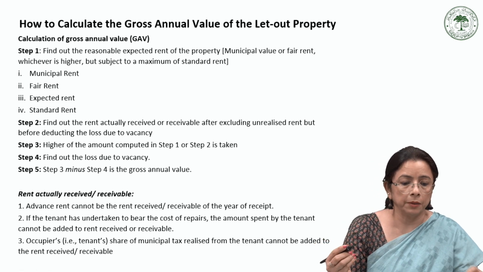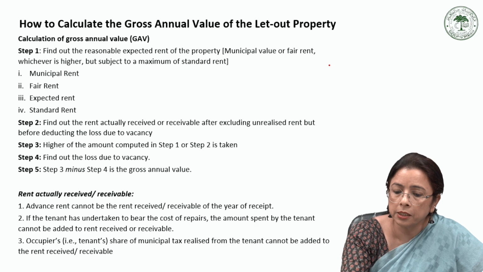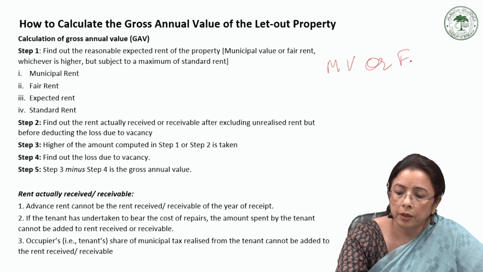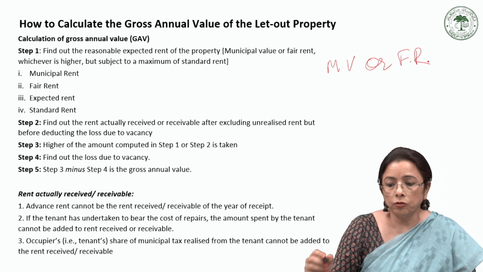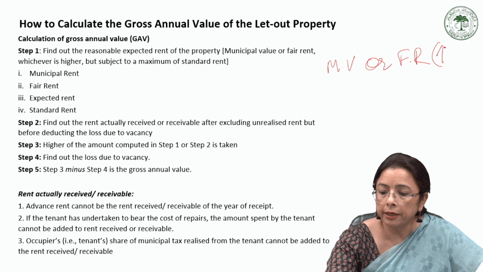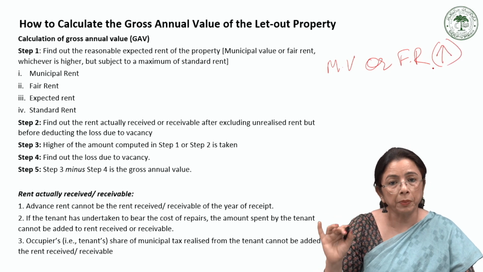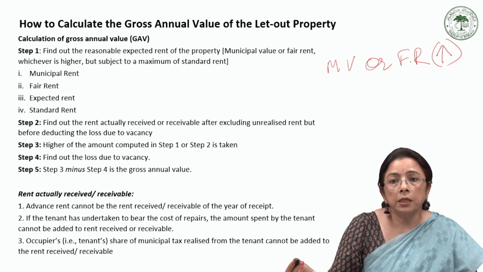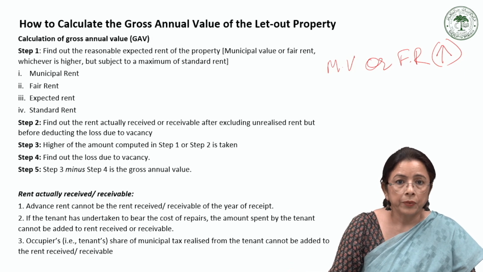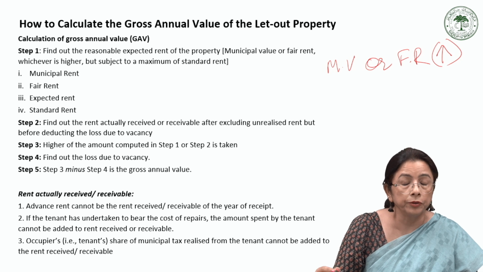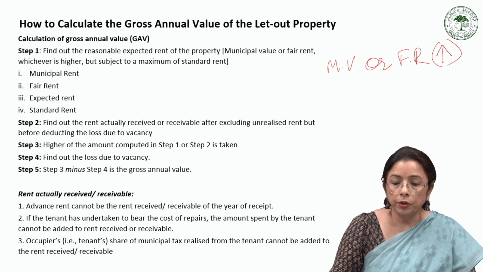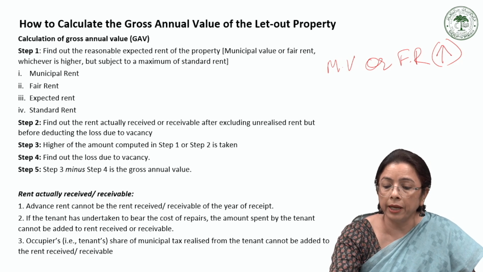First we will take up two things, that is municipal value or fair rent, and out of the two we will compare whichever is higher. That amount is picked up. Okay, and that will be compared with the standard rent, in order to decide the expected rent. So here we have the municipal value or the fair rent.